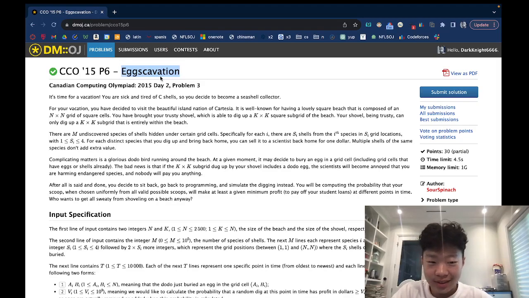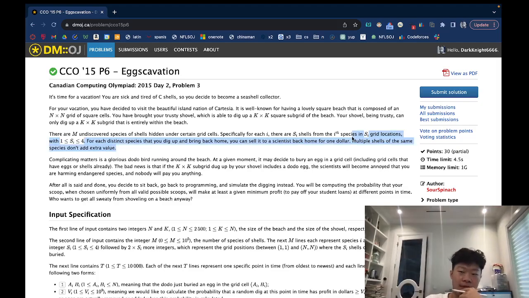Okay, this problem is kind of fun. So you have an n times n square, and you have a shovel that can dig up k times k, and you have a bunch of species of shells, and for each shell species there's only 4 shells of that species, right? You can sell it for $1, but multiple shells of the same species does not have value.